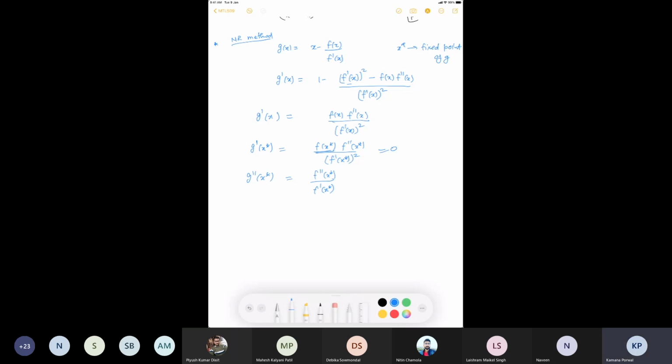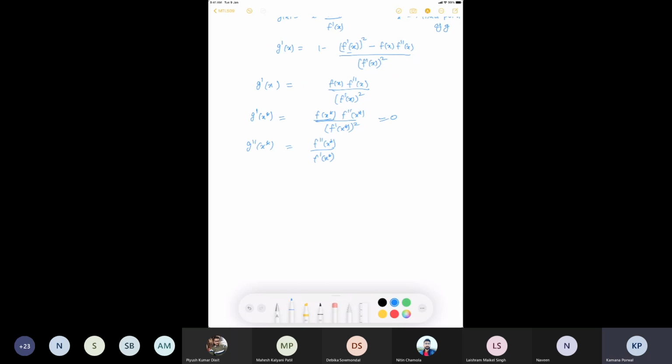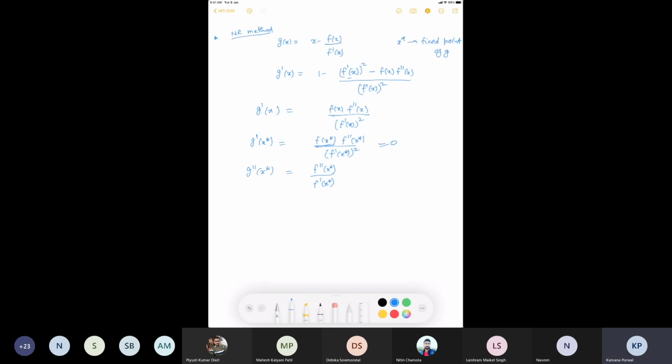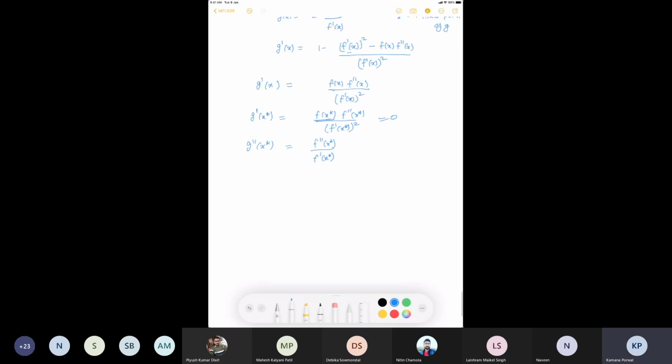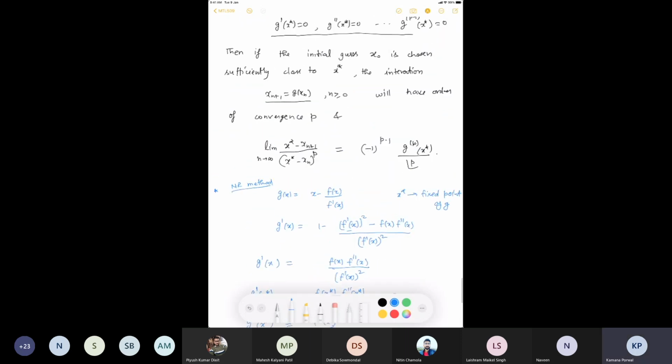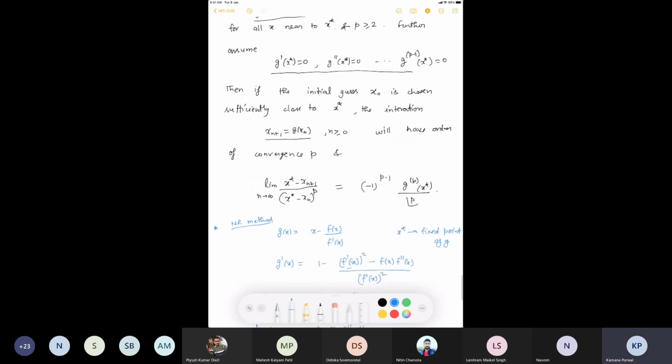So clearly, with this choice of G, the iteration method which we construct will converge, and what is the consequence of this theorem? We have that G prime of X star is 0, but G double prime is not equal to 0. So P is going to be 2, right? As a consequence of this theorem.